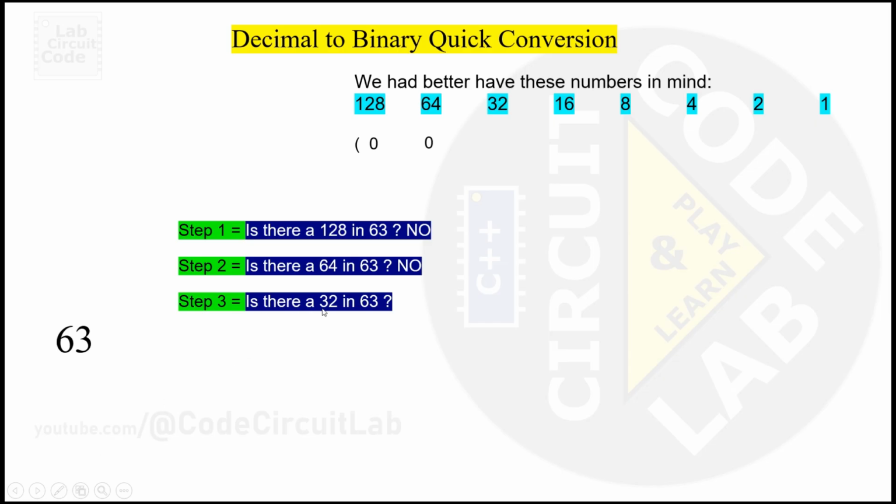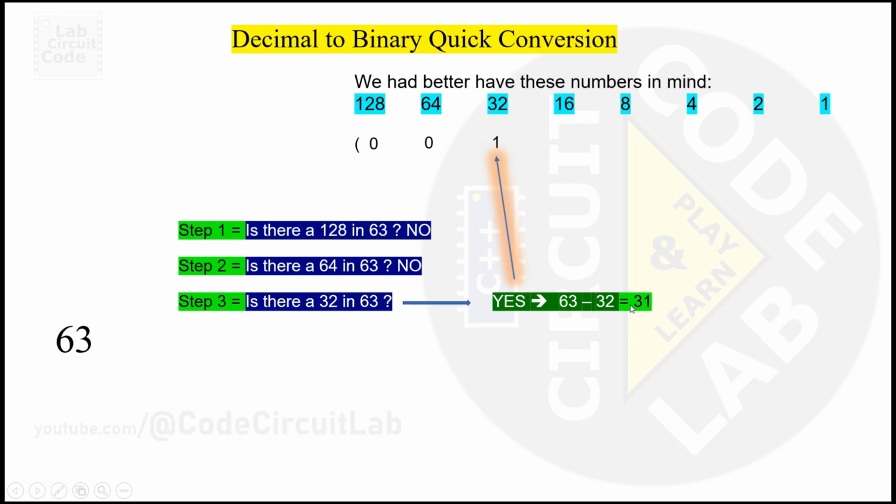Is there a 32 in 63? The answer is yes. There is a 32 inside 63. So first we subtract 32 from 63 and we get 31 as an answer. And because the answer to step 3 was a yes, we put a 1 under 32.